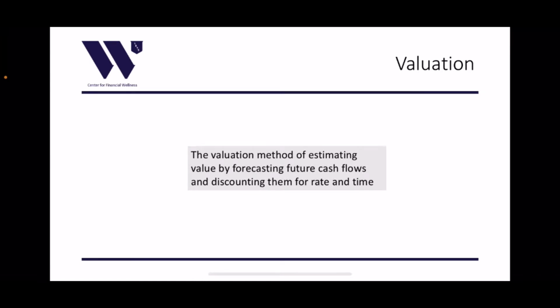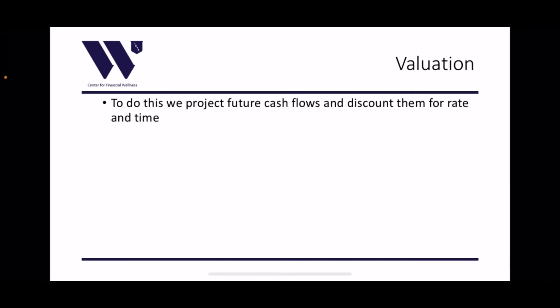So to begin, we'll first look at the definition for a DCF valuation. Simply put, it's the valuation method of estimating value by forecasting future cash flows and discounting them for rate and time. To do this type of valuation, we first have to project our future cash flows and discount them for rate and time.